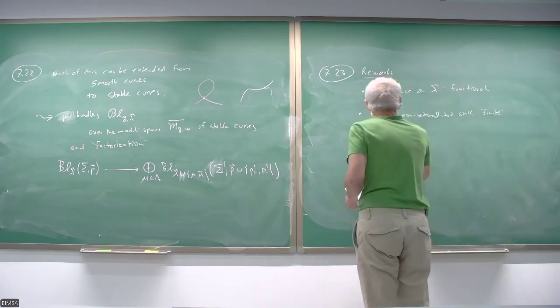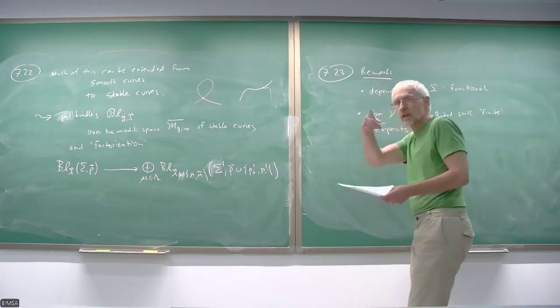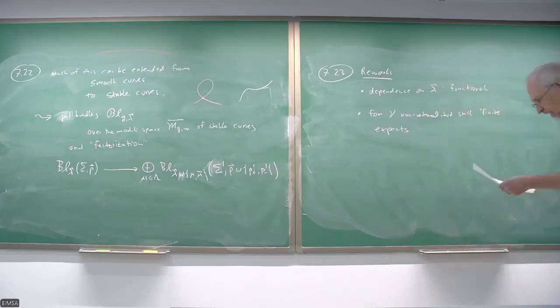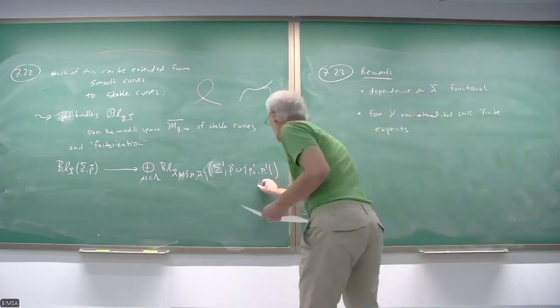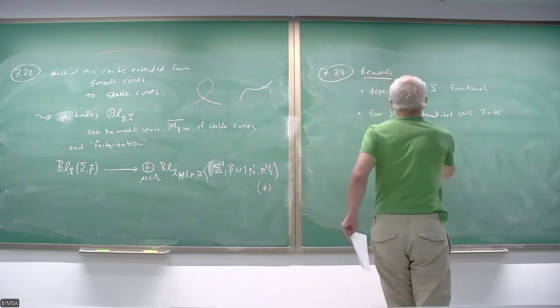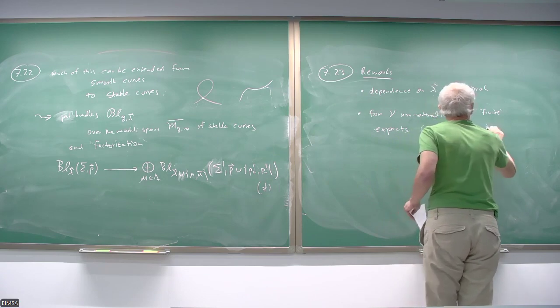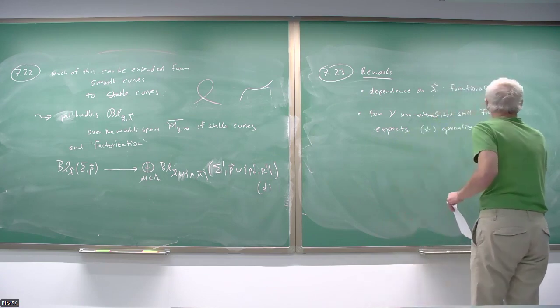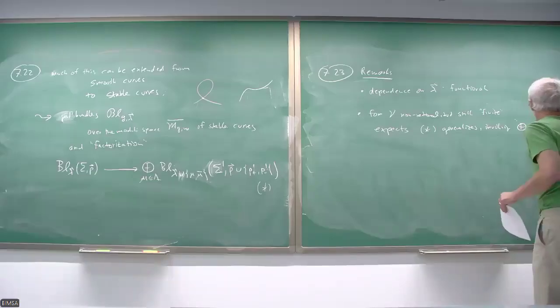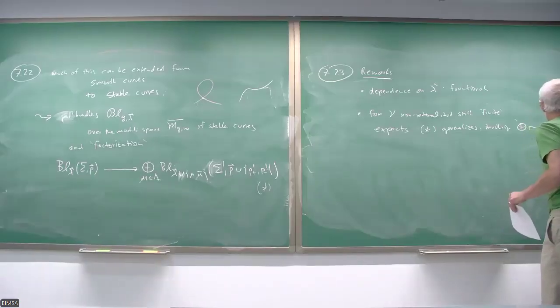One expects, or to some extent knows, that this relation generalizes, involving replacing the direct sum by a coend.